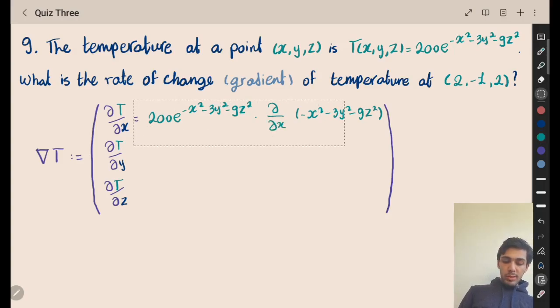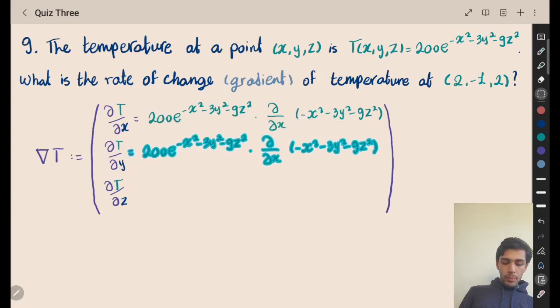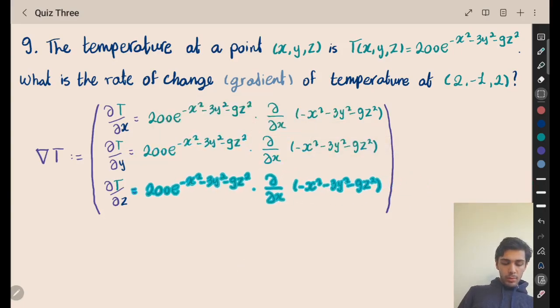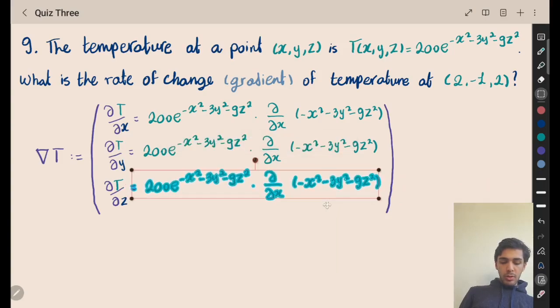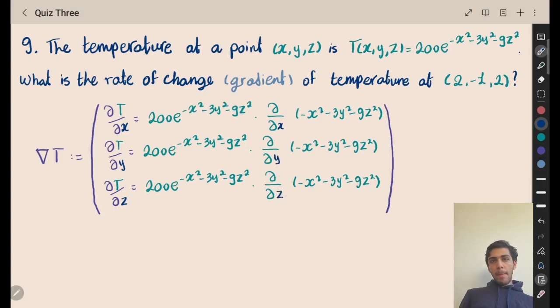And quite similarly, we will have the same for y and z. The same logic. But not with x, of course, it's going to be with y and with z. That is just the derivative of e to the function of, so we're just using the chain rule. And the reason why we don't care about the derivative of the outside function is because the derivative of the outside function is the outside function itself.